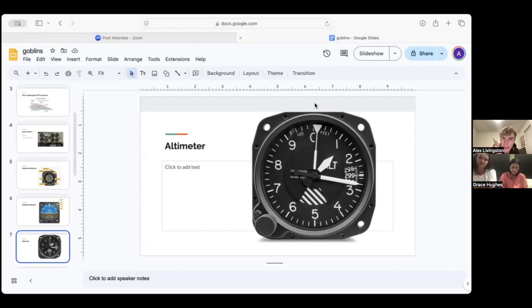And that's what this instrument tells you. Right now you have your dials. This is your thousands, the small one, and then this is your hundreds. So right now you're almost to 1,300 feet AGL, but you have to set this instrument. It's going to be different every time you fly. And that's because of the barometric pressure.